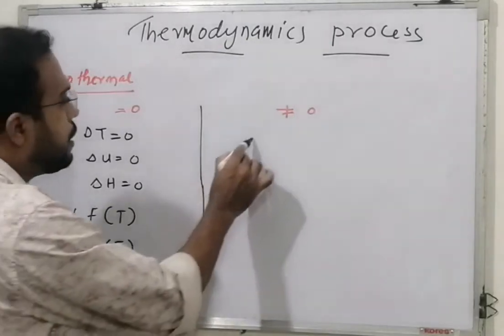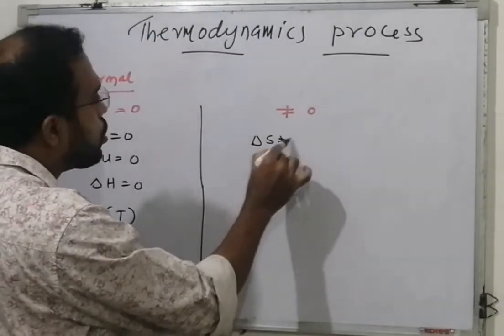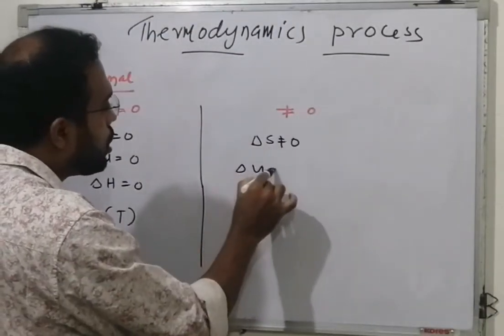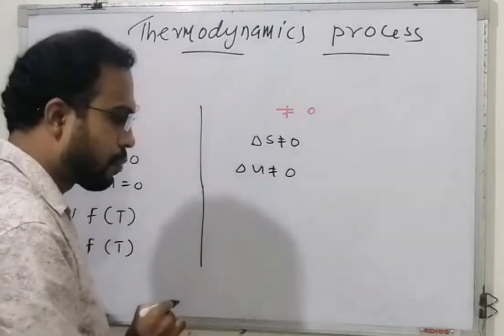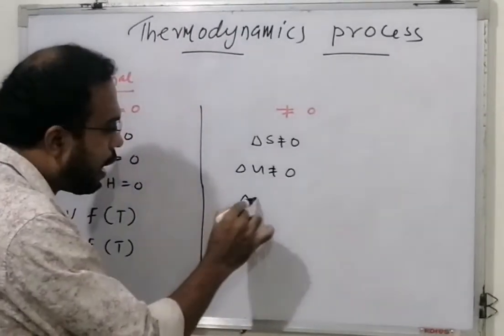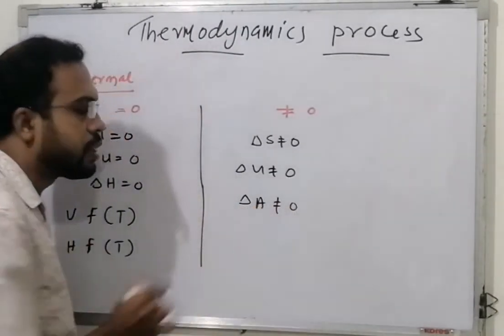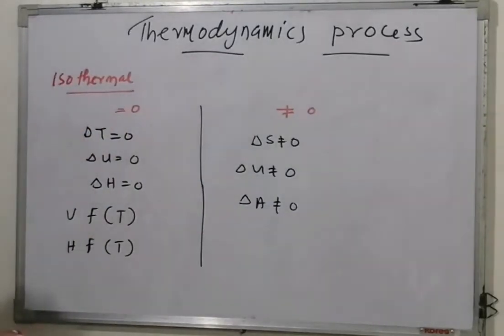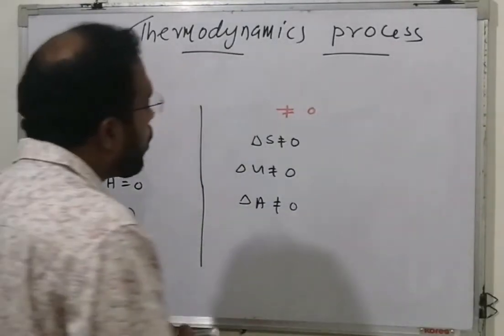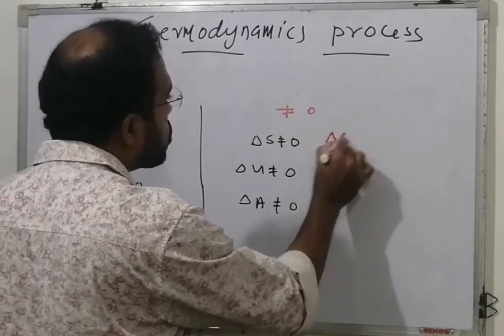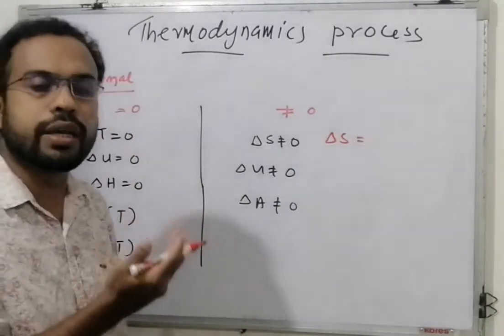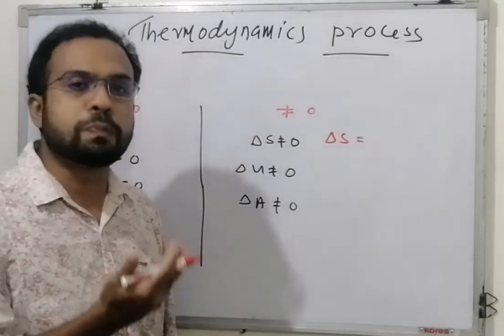But you know, delta S is not equal to 0, delta G is not equal to 0, and delta A, Helmholtz free energy, is not equal to 0. What is delta S, the entropy change during isothermal expansion?